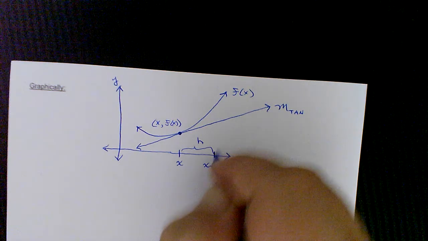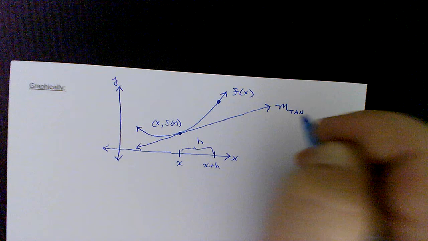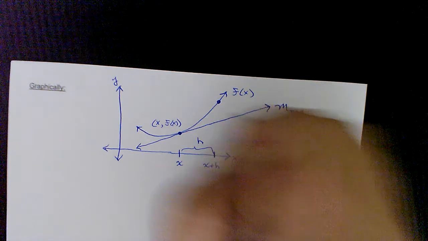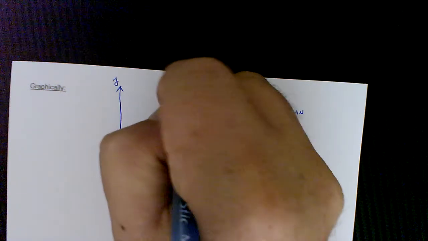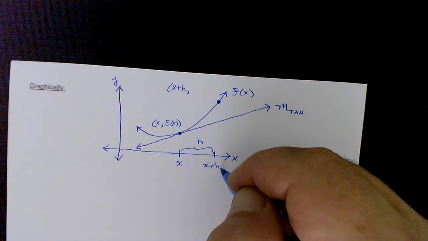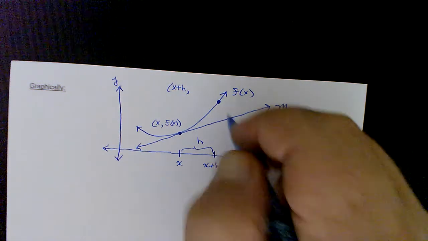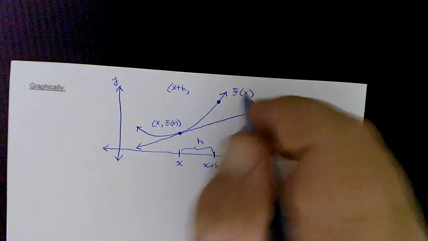And then if we take the image on the function, the coordinates of that point will be x plus h is the x coordinate, and the y coordinate will just simply be the function evaluated at x plus h.